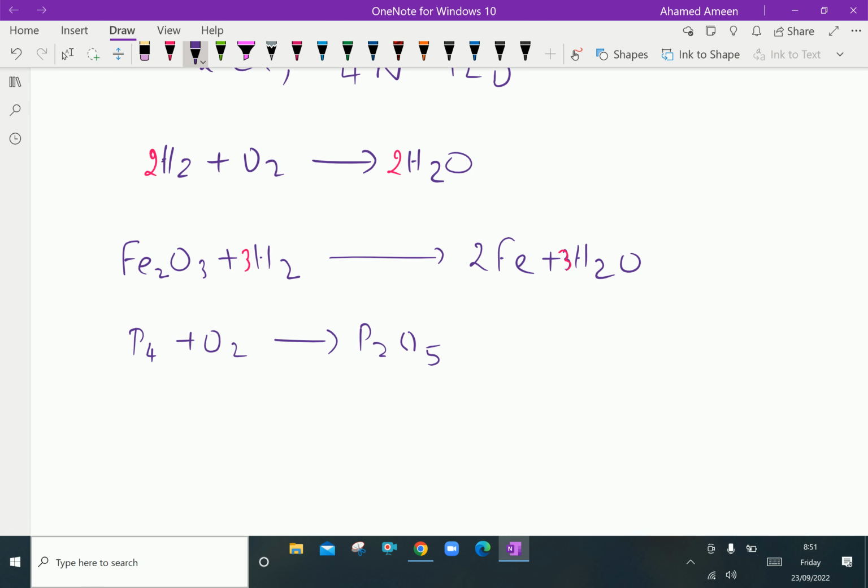Now to balance, here P is 2 and here P is 4, so put 2 in front. P becomes 4, and also 2 into O5 gives O is 10. This O is 2, so I have to put 5 here. Balanced.